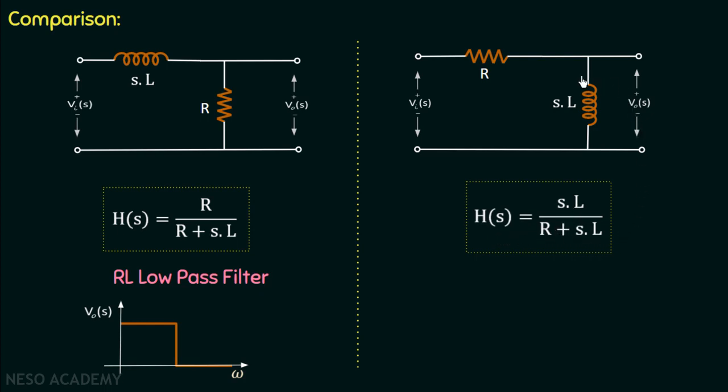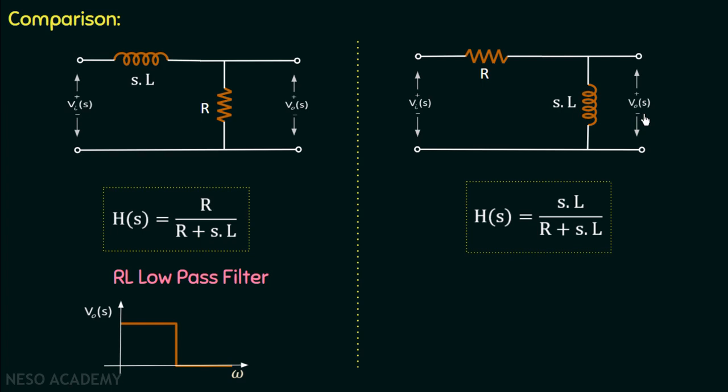Now, if we observe the behavior of inductor in this circuit, then for low frequency input voltage, it will behave as a short circuit and the output voltage will be equal to 0. But if we increase the frequency of input voltage, then the inductor will behave as an open circuit and the output voltage will not be equal to 0, it will be non-zero.